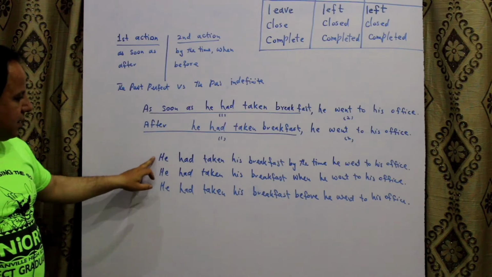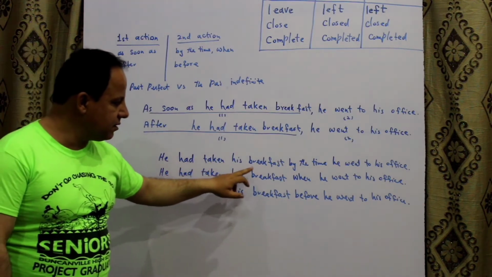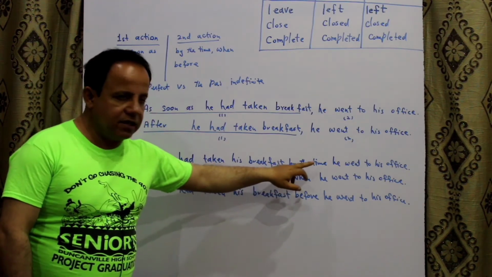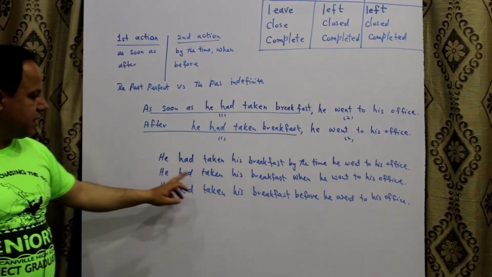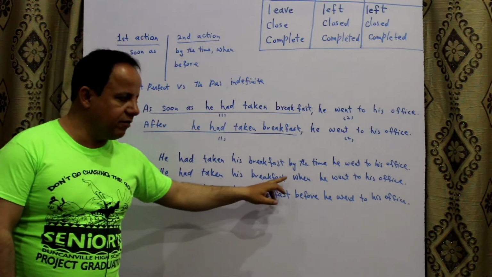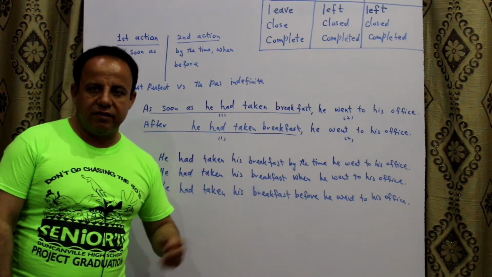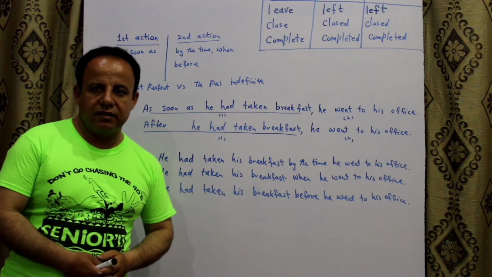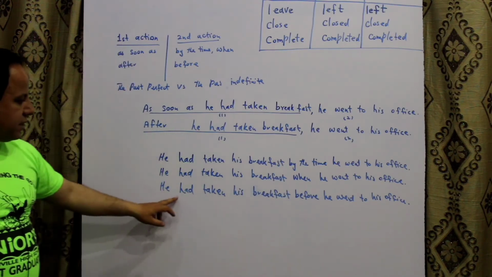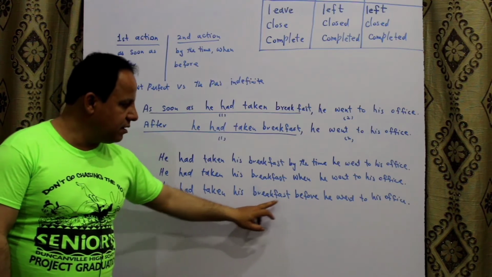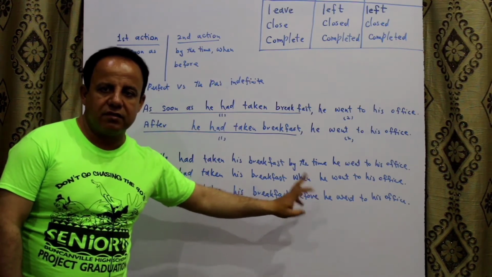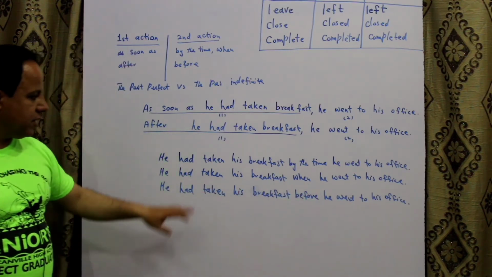Examples: He had taken his breakfast by the time he went to his office. He had taken his breakfast when he went to his office, or when he went to his office, he had taken his breakfast. He had taken his breakfast before he went to his office. Now you can change the places.